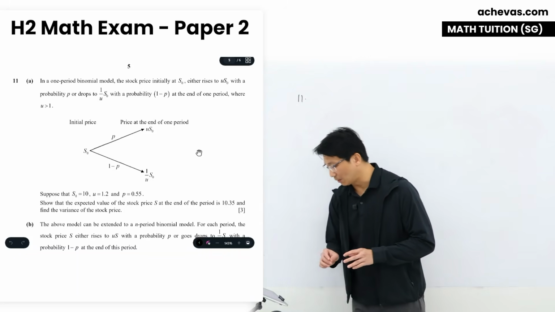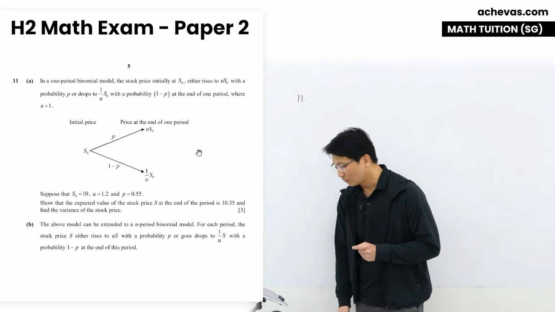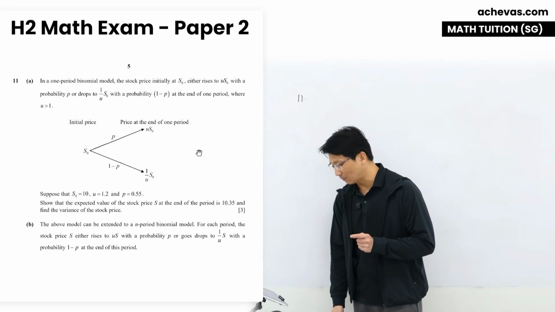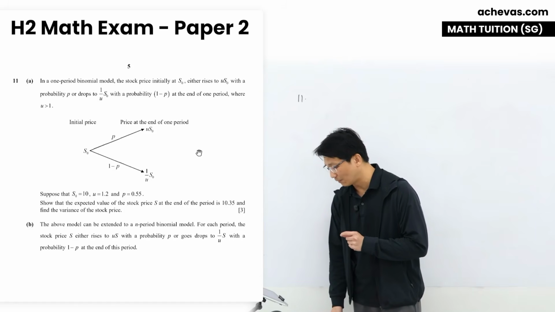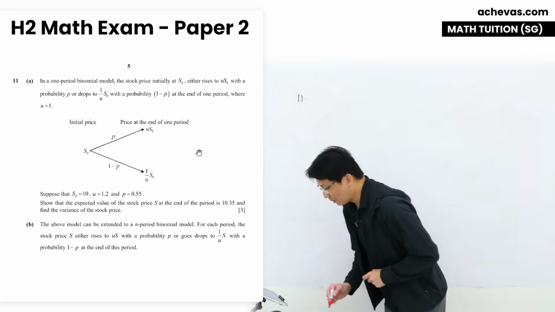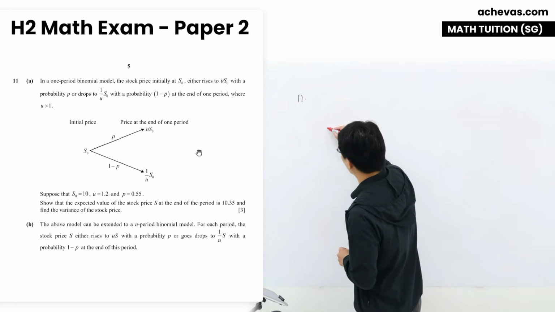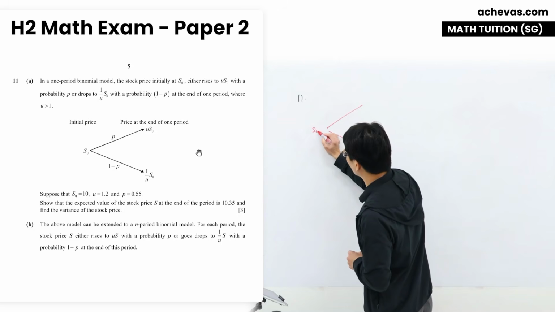Suppose we are given some of the information here: S0, U, and P, some of the values. We are expected to show that the expected value of the stock price S at the end of the period is 10.35 and find the variance of the stock price. Maybe I will just replicate the diagram here. So we have S0 here.